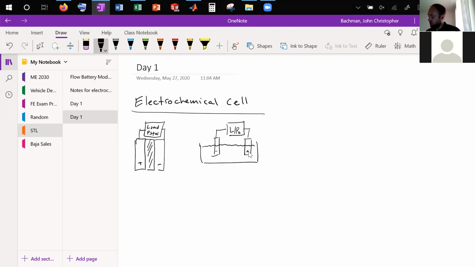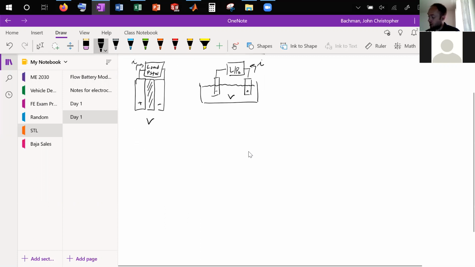And so, typical of things that we think about trying to understand are what would be the voltage between the positive and negative, right? And we also want to know what would be the current flowing from the positive to negative electrode. So V and I are very important parameters.